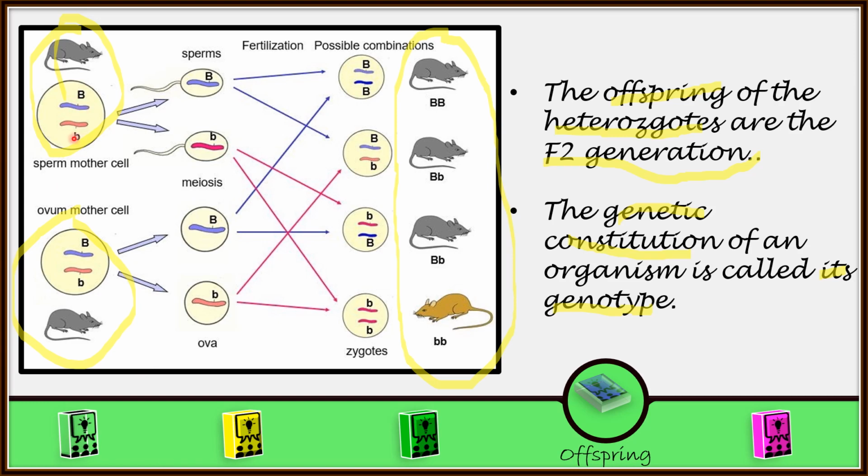And for this one, the genetic constitution is capital B, small b. That is its genotype. This one is capital B, small b, capital B, small b. These are their genetic constitution. And this is small b, which is its genetic constitution.